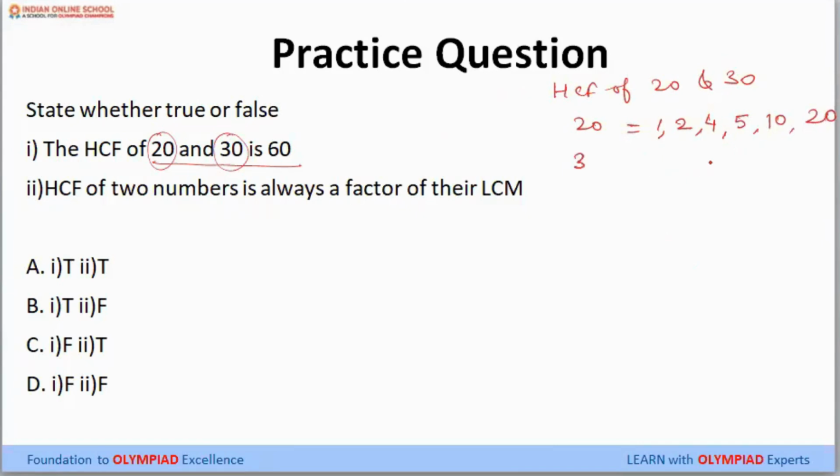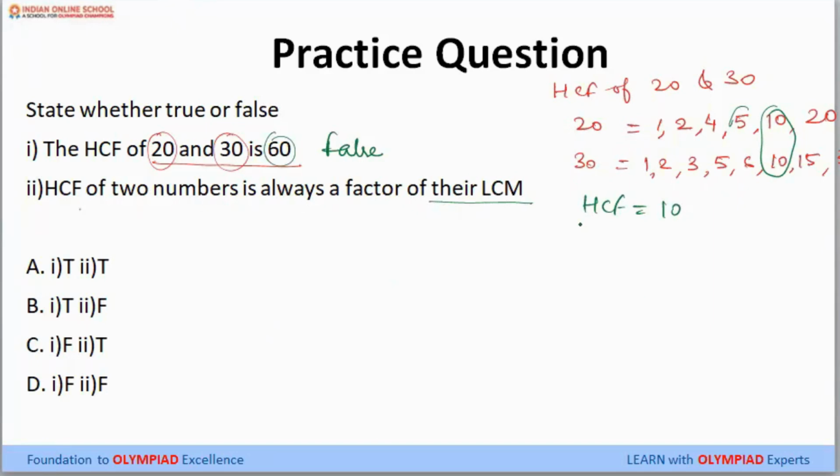And what are the factors of 30? 1, 2, 3, 5, 10, 15, 30. Correct? The largest one is 10. So their HCF should be 10. And here it is given 60, so that is false.